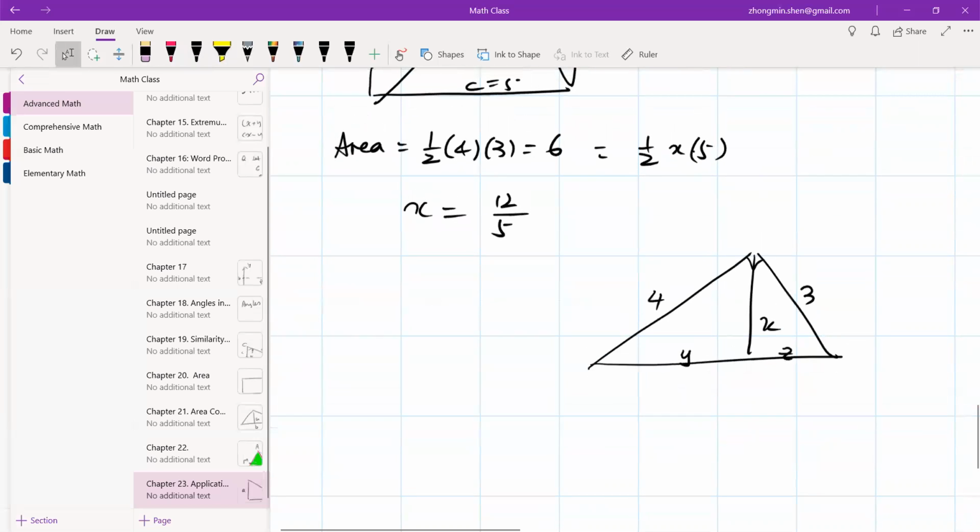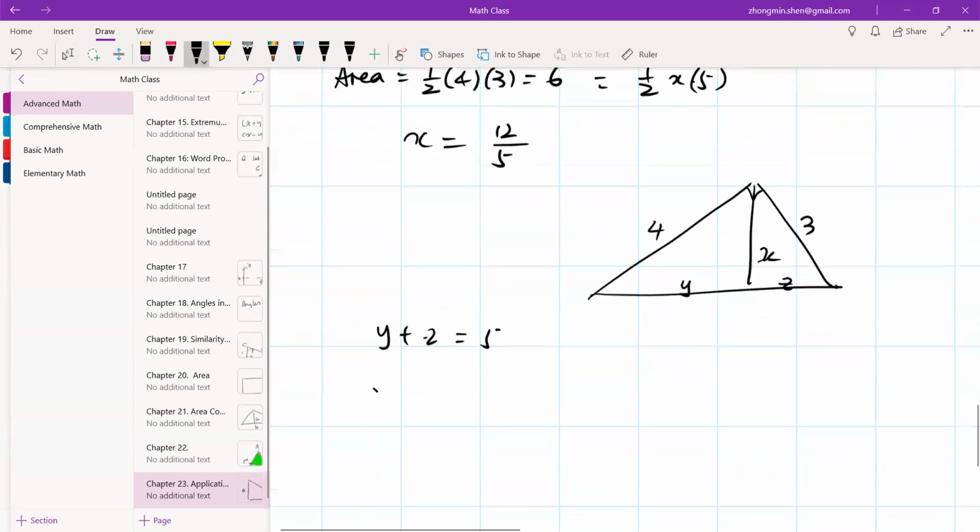Okay, so look at this, and just want to use the Pythagorean theorem to see whether you can solve it. So you have 3 sides, right? Then y plus z equals 5. That's the first equation. Then you have x squared plus y squared equals 4 squared.